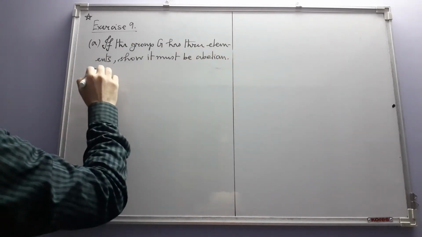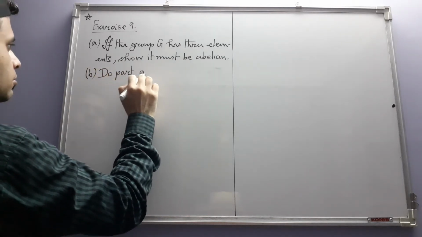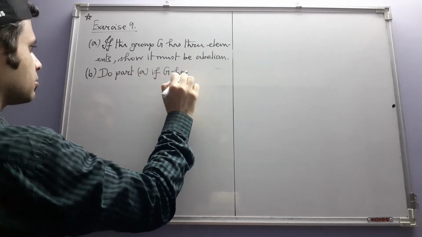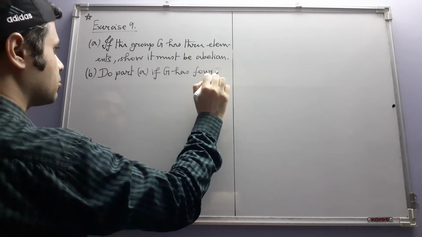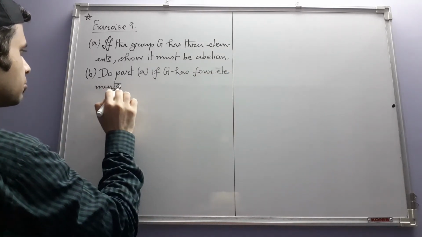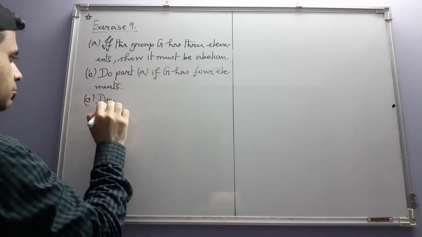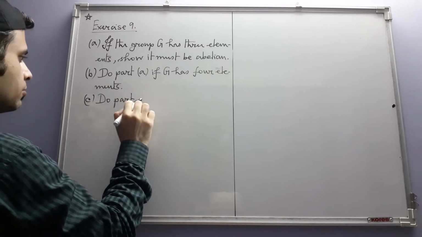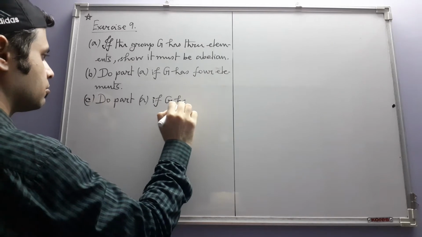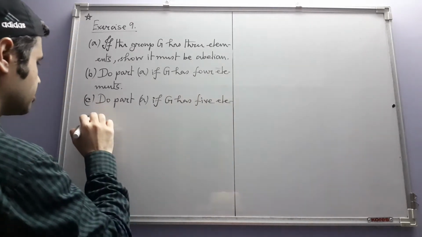Part B: do part A if G has 4 elements. And part C: do part A if G has 5 elements.